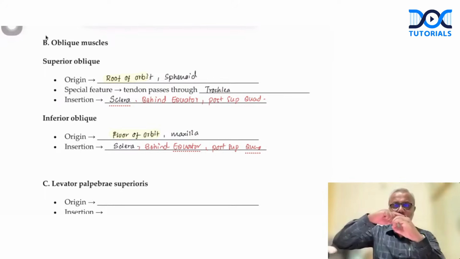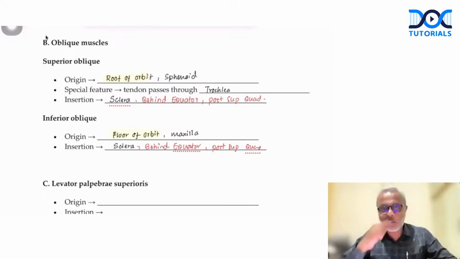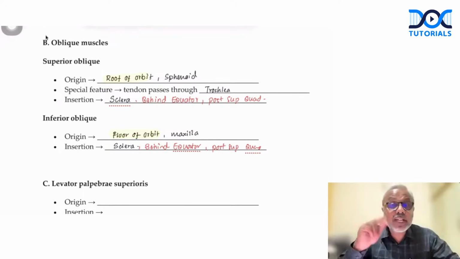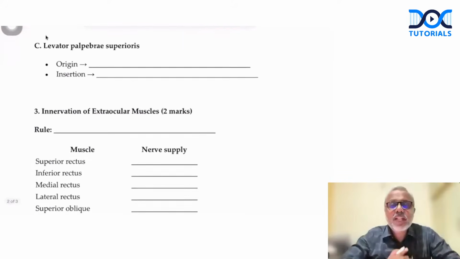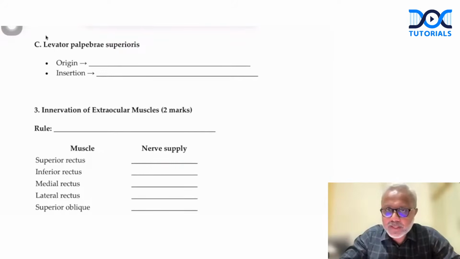The superior oblique passes in front of the eyeball, goes back and gets inserted behind the equator. The inferior oblique arises from the floor and then gets inserted to the posterior superior quadrant. This is one of the reasons why the muscles actually bring about opposite actions to their names, superior and inferior oblique. Done. The next thing we have is the levator palpebrae superioris.